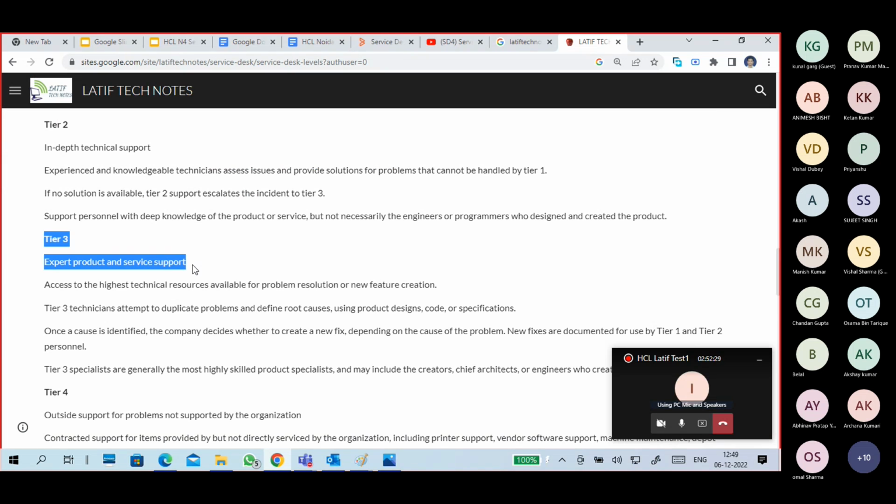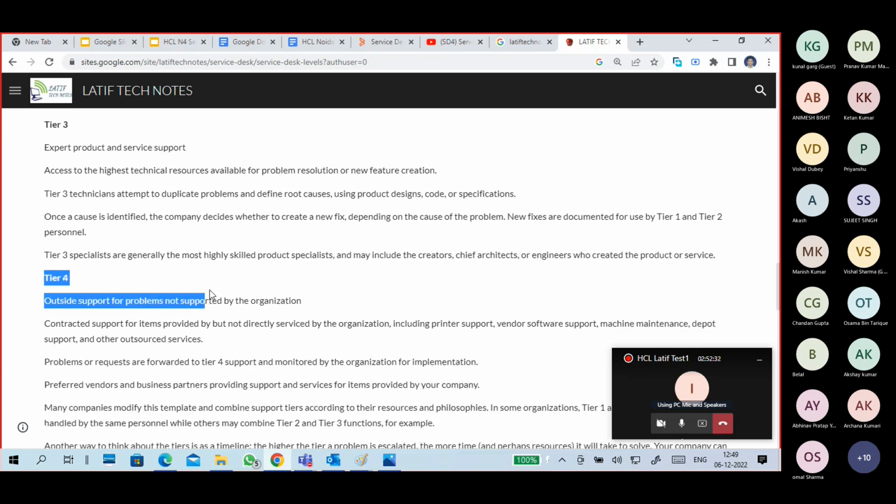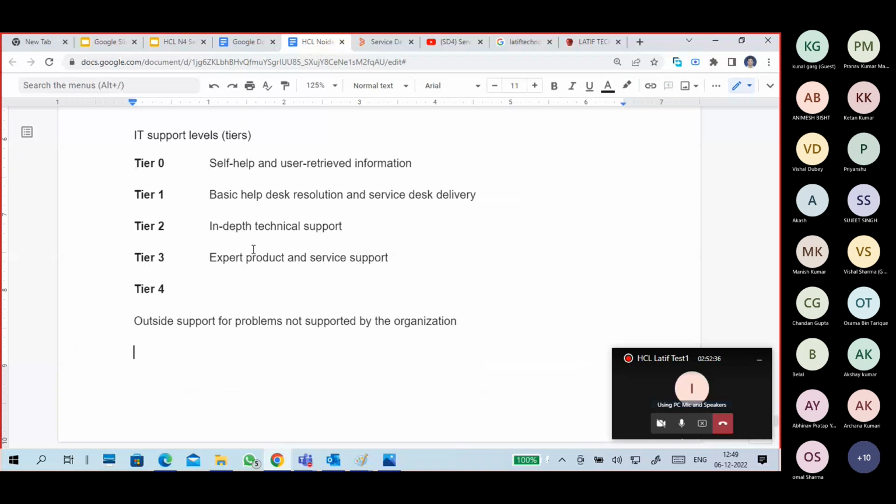Tier 2 you may not get immediately. Tier 2 requires specific technical knowledge, like network engineering, server engineering, cloud, or administration.